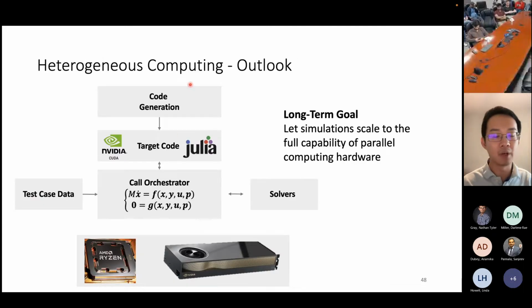So just an outlook for heterogeneous computing, because our ultimate long-term goal is to let simulations scale to the full capability of parallel computing hardware.